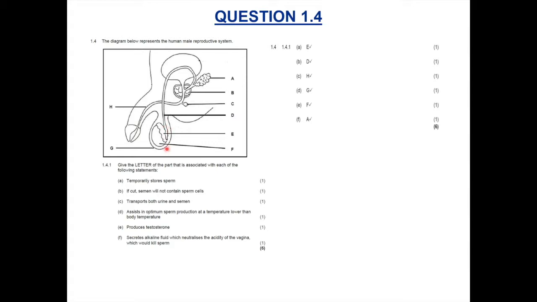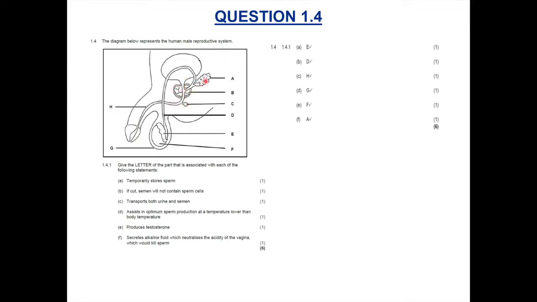And remember, the scrotum is what keeps the testes at the correct temperature, which is below body temperature, and that is G. Produces testosterone. We know that's F, that's the testes. And secretes an alkaline fluid which neutralizes the acidity of the vagina, which would kill the sperm. That we know is the prostate gland, and that would be B.